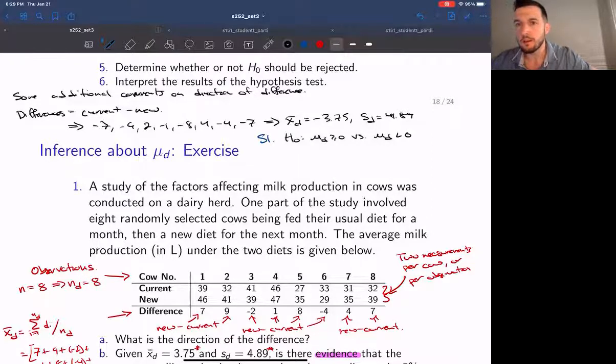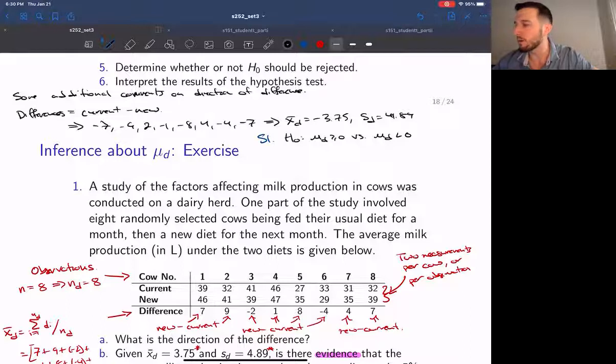So the direction of the difference, given that we want to ask the exact same question about mu D, influences the direction of the hypothesis test. So we are still asking, in this situation, is there evidence that the values on the new diet are larger than the values on the current diet?